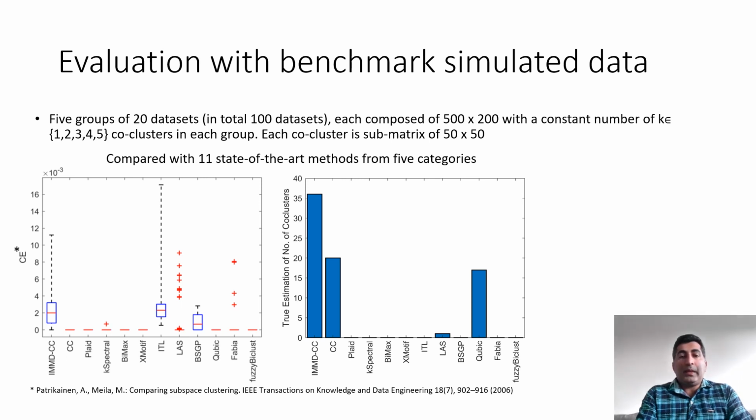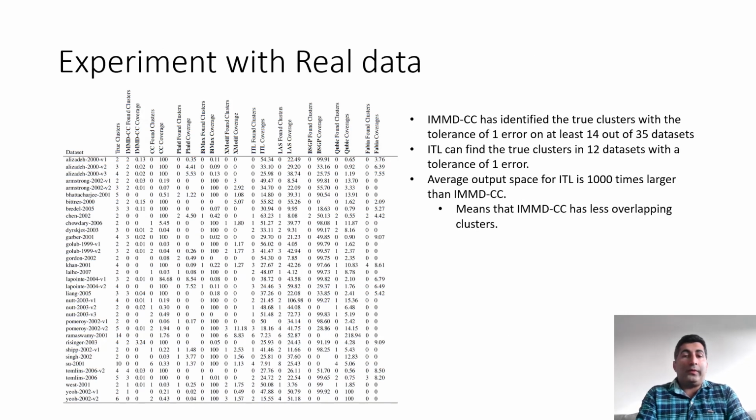So we compared with 11 state-of-the-art co-clustering methods of 5 categories, and also on real data of gene expression from bioinformatics. And as you can see, in 40 out of these datasets, our method can identify the true clusters with tolerance of 1 error, while ITL can find the true clusters in 12 datasets with tolerance of 1 error.